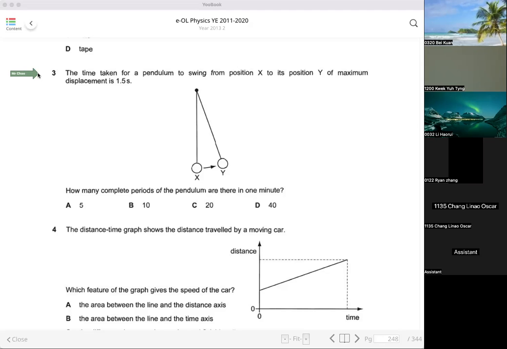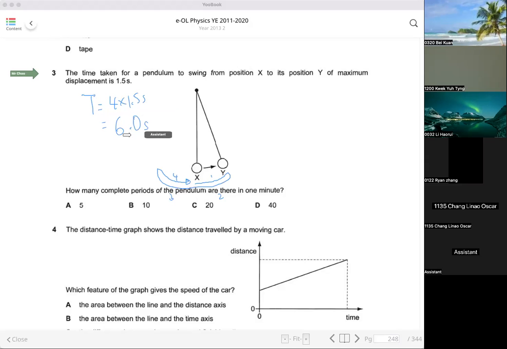So for one oscillation, it goes from X to Y to the left side and then back again. So the period of one oscillation will be 1, 2, 3, 4. 4 times 1.5 seconds will be 6.0 seconds.